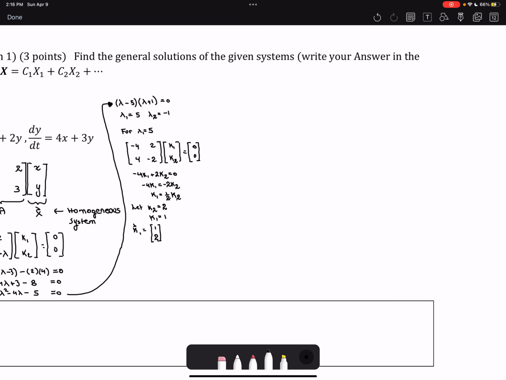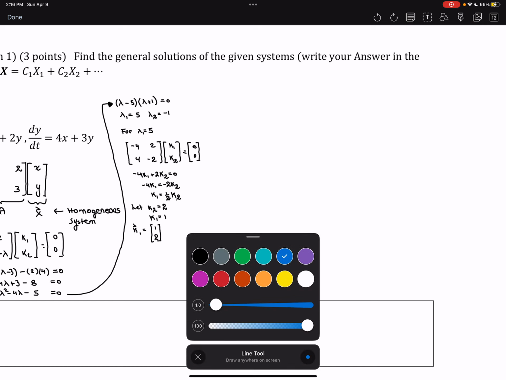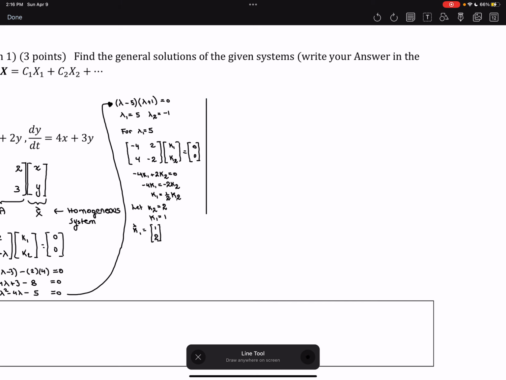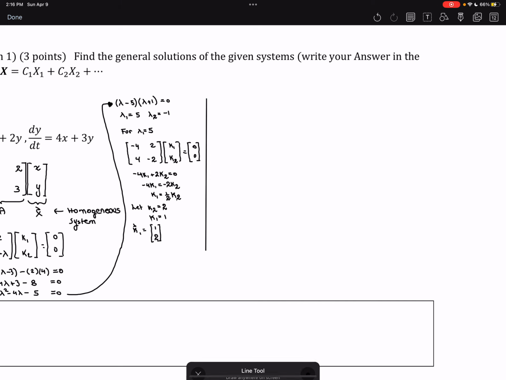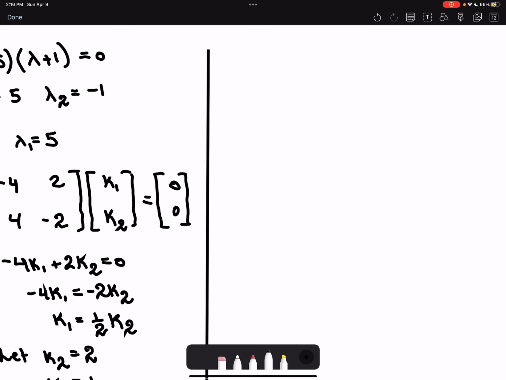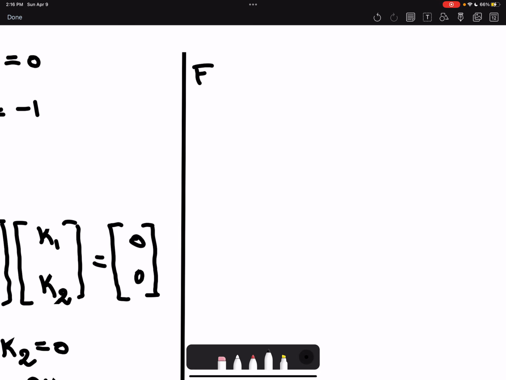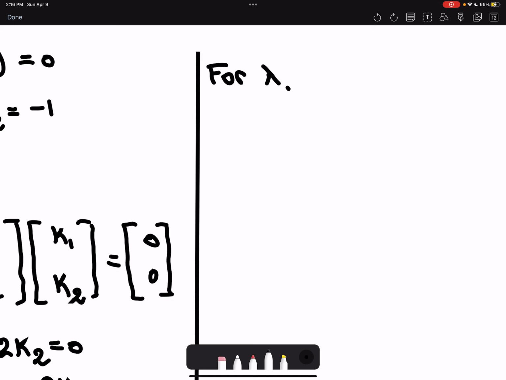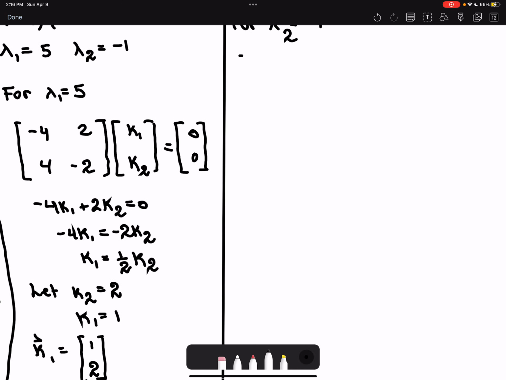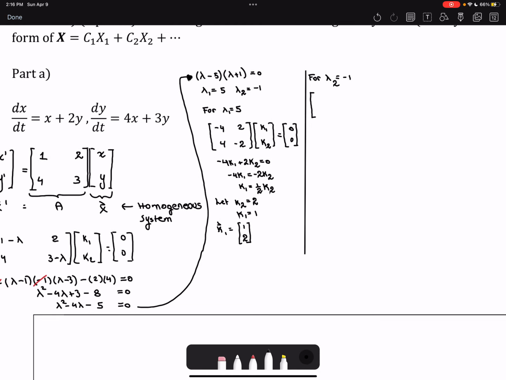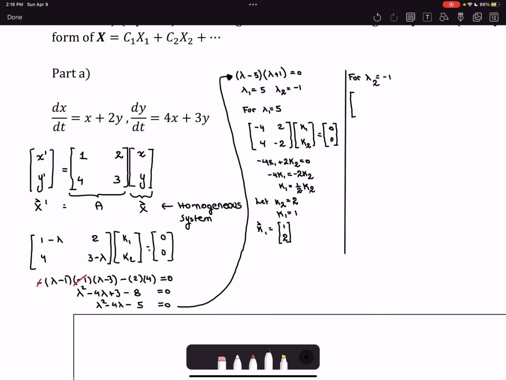Okay, so now we have to do a similar thing for lambda 2, which has a value of negative 1. So now we're going to look at the original matrix. We have 1 minus negative 1, which is 2.